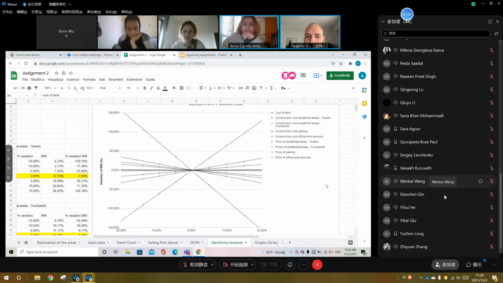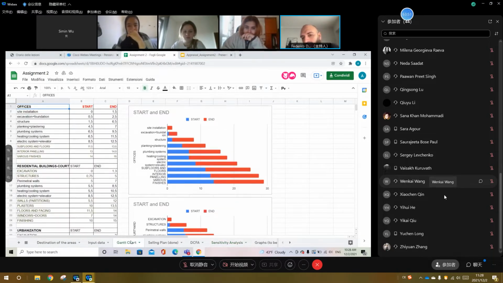Another thing is about the Gantt chart, because you have constructed the Gantt chart for each of these activity destinations, but you should construct a Gantt chart that considers all of these together. You have to include them in a single one and distribute the construction phases in a coherent way.